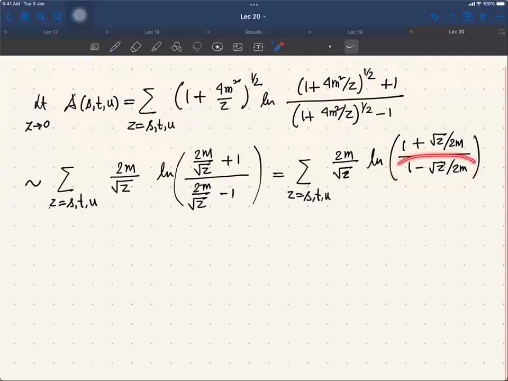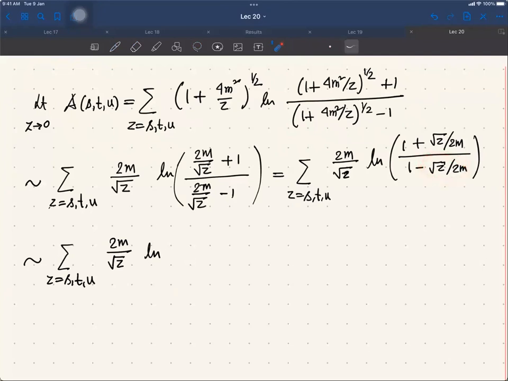This is 1 minus x to the power minus 1, and when you invert it, 1 minus x to the power minus 1 is 1 plus x and then higher order in x. So higher order in x means root z by twice m.